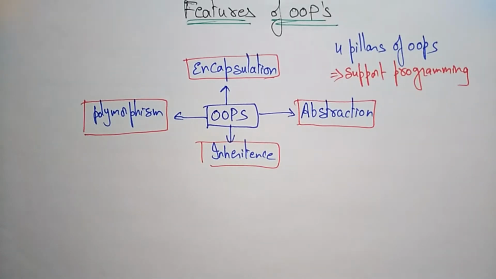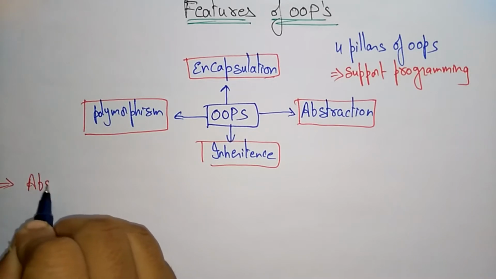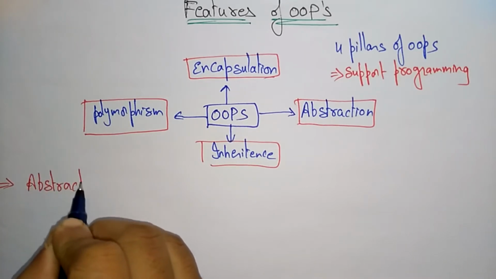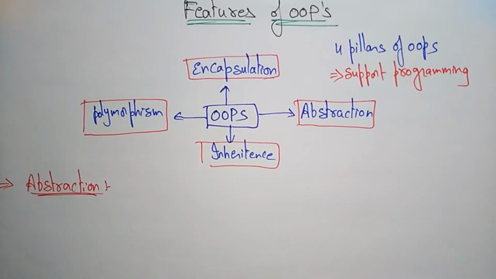So what do you call this abstraction? Abstraction is nothing but abstracting the data. It is something only existing as an idea, only the abstract is present.